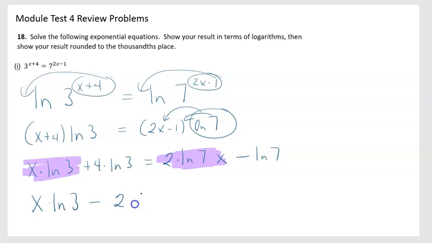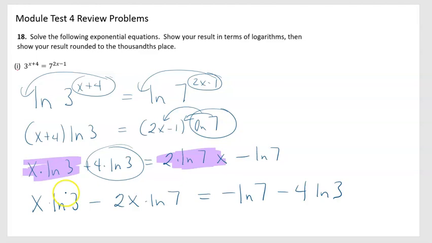Let's put the x here and then the natural log of 7 in the back. You want to do that? Equals, now over here I have negative natural log of 7, and I'm going to move this one, so I'm going to change the sign, minus 4 natural log of 3. And if you want to put parentheses around the inside of what's in a natural log, that might be a little easier to look at.